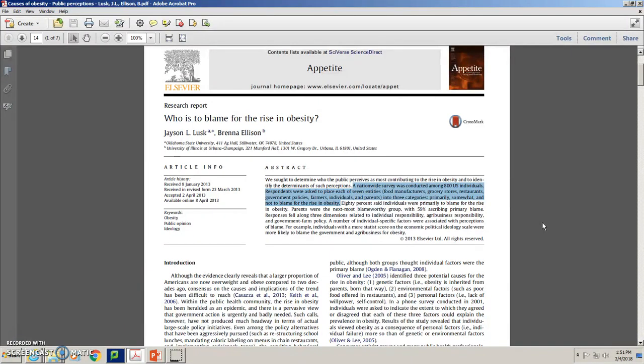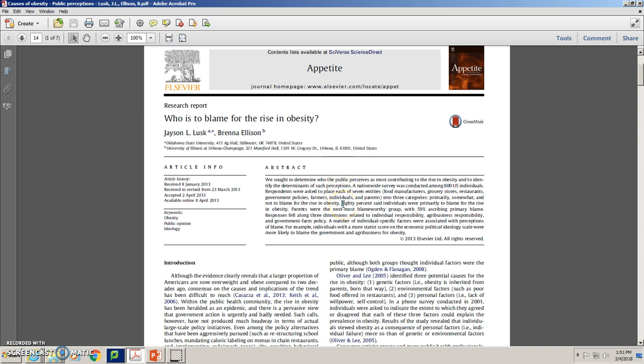Respondents were asked to place each of 7 entities: food manufacturers, grocery stores, restaurants, government policies, farmers, individuals, and parents into 3 categories: primarily, somewhat, and not to blame for the rise in obesity. So there is how the authors tried to answer their question and meet their aim.